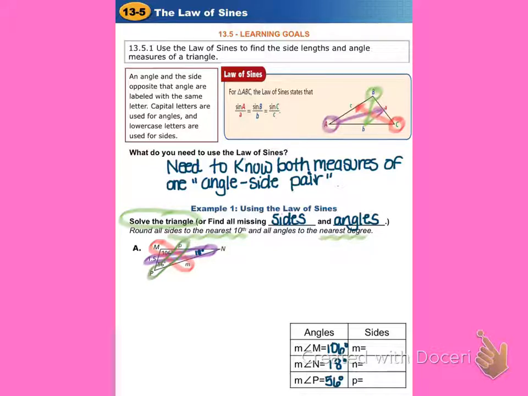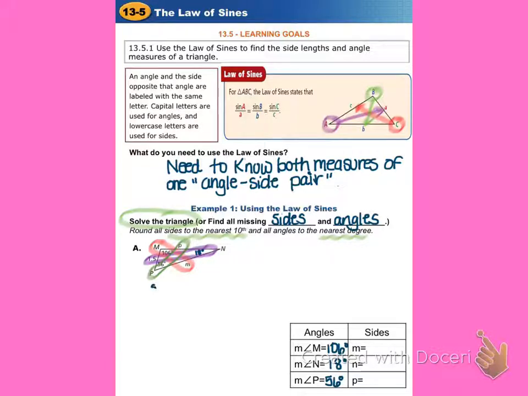So I know if I wanted to find the measure of these sides, I have to pick one of those proportions to write using those law of sines ratios. So the first thing I do is I always start off with the pair that I know both of.